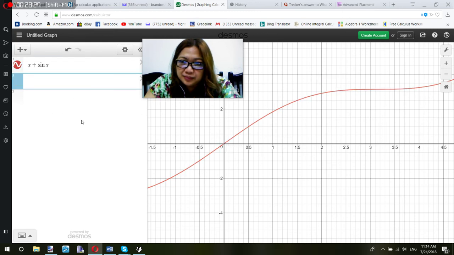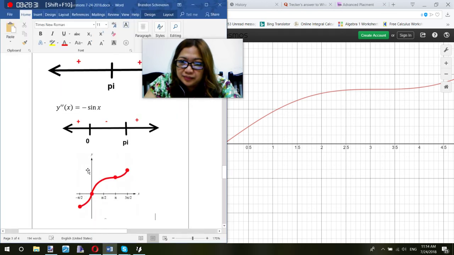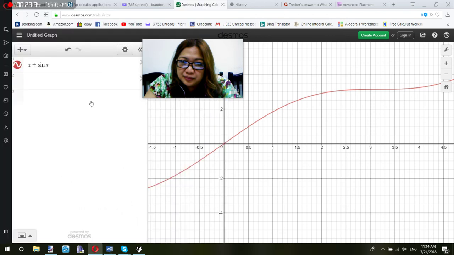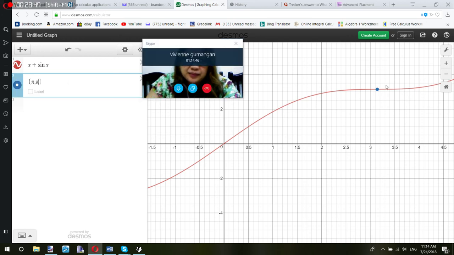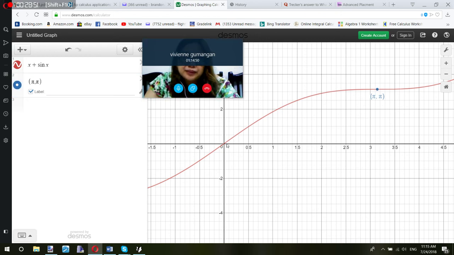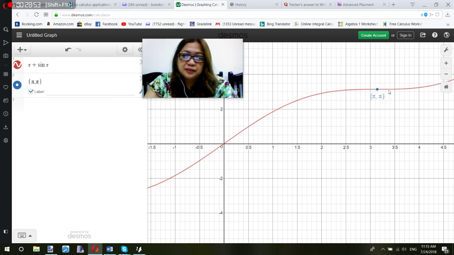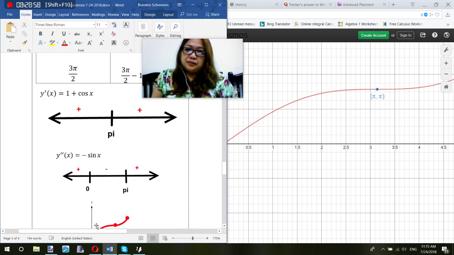We said this point was at pi, and pi plus the sine at pi is 0. So at that point, I change from concave down to concave up for the rest of the graph, which is perfect. That's what we had.